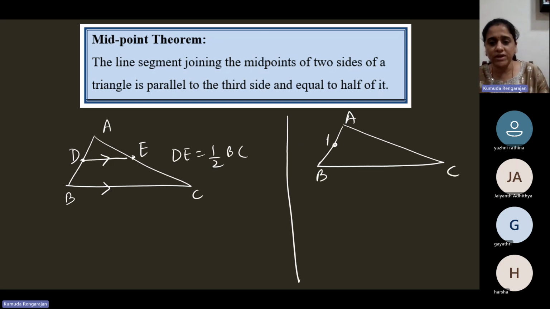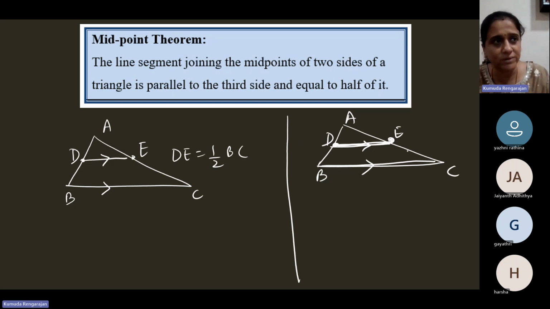D is the midpoint of AB, and through D there is a line parallel to the second side BC. This line meets the third side at E. Then by the converse of midpoint theorem, E is the midpoint of AC. All right?